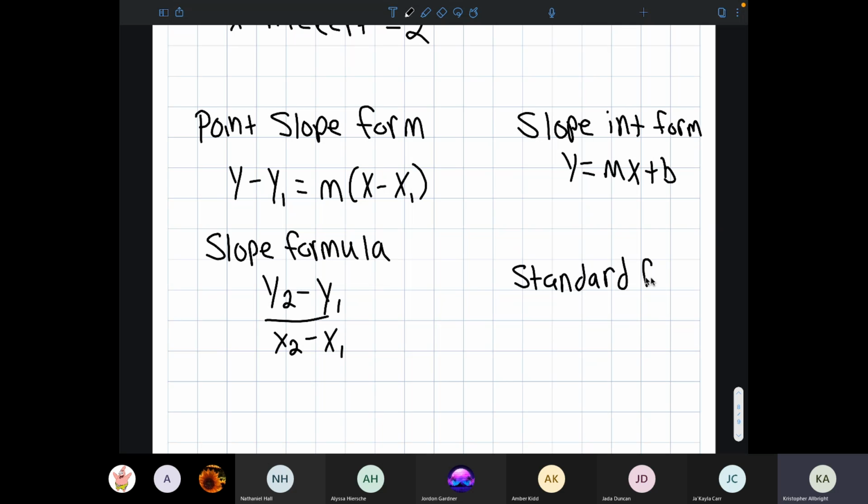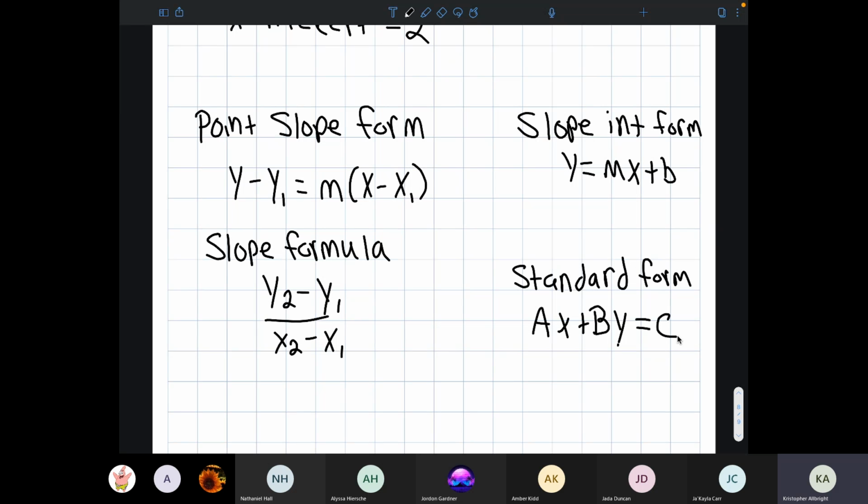Standard form is ax plus by equals c. And I know that's a lot of information, but we are going to use all of it in different situations. We're going to use it all to get the information that we need.